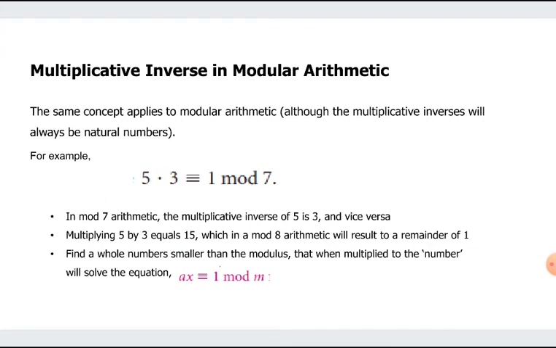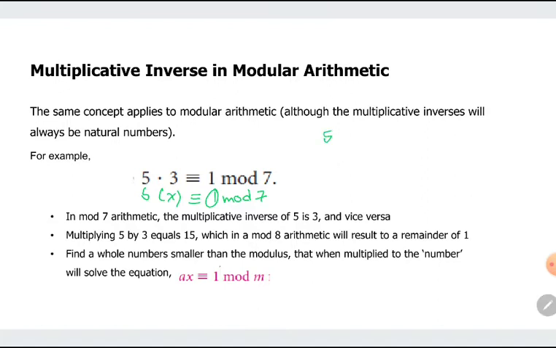Now, how do we apply the same concept in modular arithmetic? In this example, we are looking for an x that when multiplied by 5 will make this congruence true. So we are looking for a remainder of 1 when divided by the modulus, in this case 7.